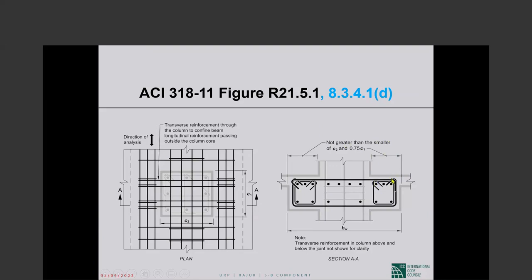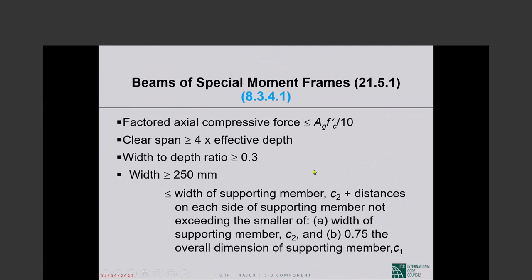So this overhang cannot be any greater than the smaller of two things, c sub 2, this column dimension, or 75% of c sub 1. So that's how wide the beam can be and still serve as part of the seismic force resisting system. Okay, what this picture shows is what was said here.